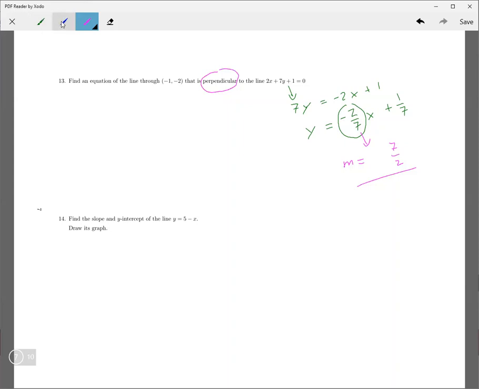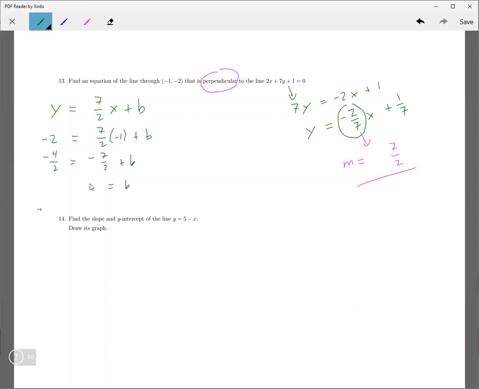Okay, so that means now that our equation of the line is going to look like this. We just need to find b. We find b by plugging this point in. Negative 2 for y, and negative 1 for x, like that. But this is negative 4 halves, and this is negative 7 halves.